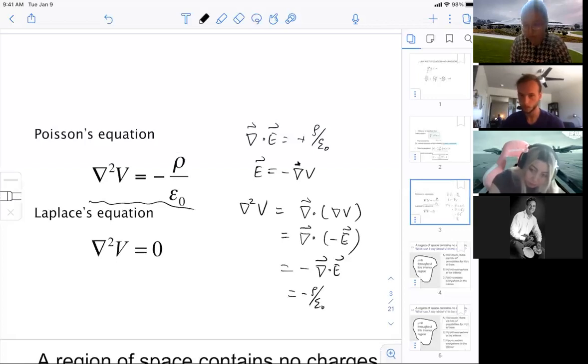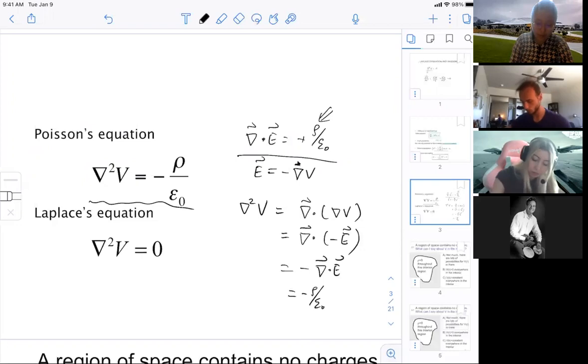You can see it's really just coming from what we know about Gauss's law, and really this is telling you that if you have charge, the charge is going to give you an electric field. That's it. So if your charge is fixed, there's always a way to find what the potential is due to such a charge distribution. And a lot of times it's very applicable when we're calculating our potential in space.